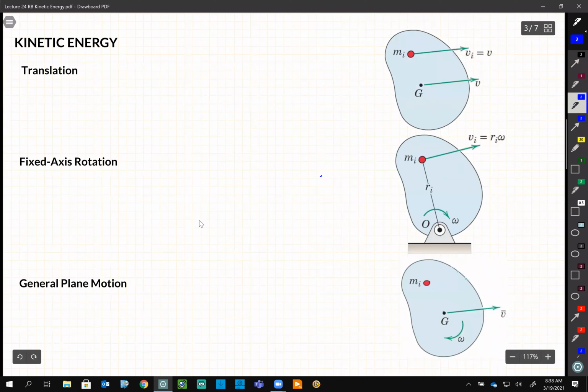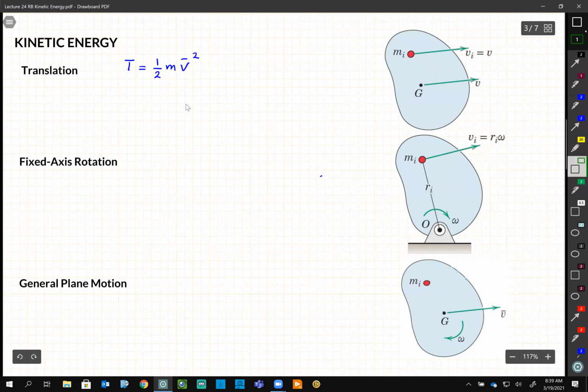So we can summarize the formula here, and in fact, it's super easy. For each mass, if we break it down into little particles m_i, and then add all of those, if it is a pure translation, then T is simply 1/2 m v bar squared, whatever the speed of the center of gravity is.